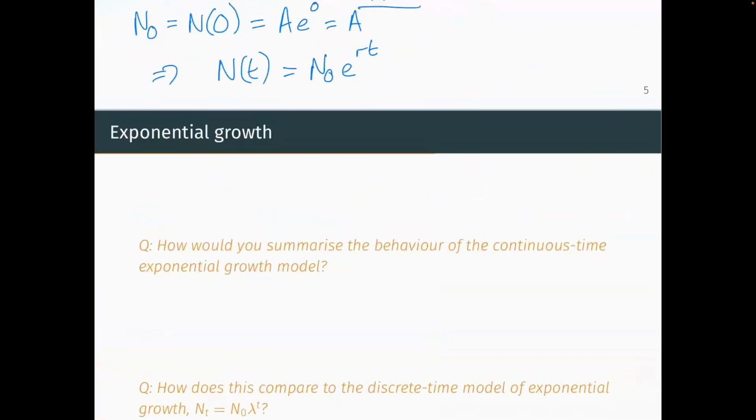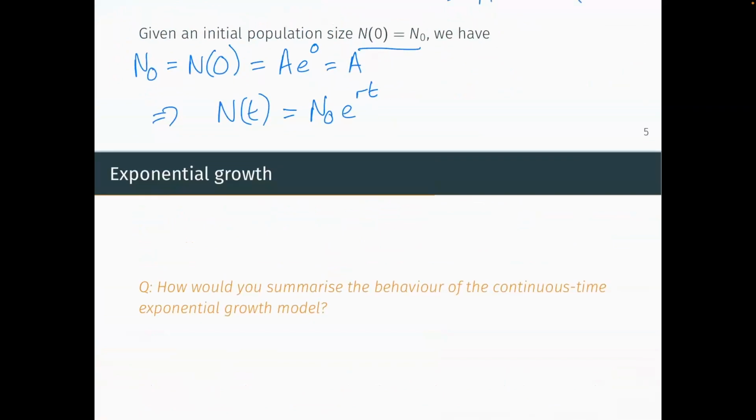Okay, so if you remember before, when we looked at our discrete time models, we were able to summarize the behavior. So before we had, in discrete time, N at time t was equal to our initial population size times lambda, which was our net growth rate, to the power of t.